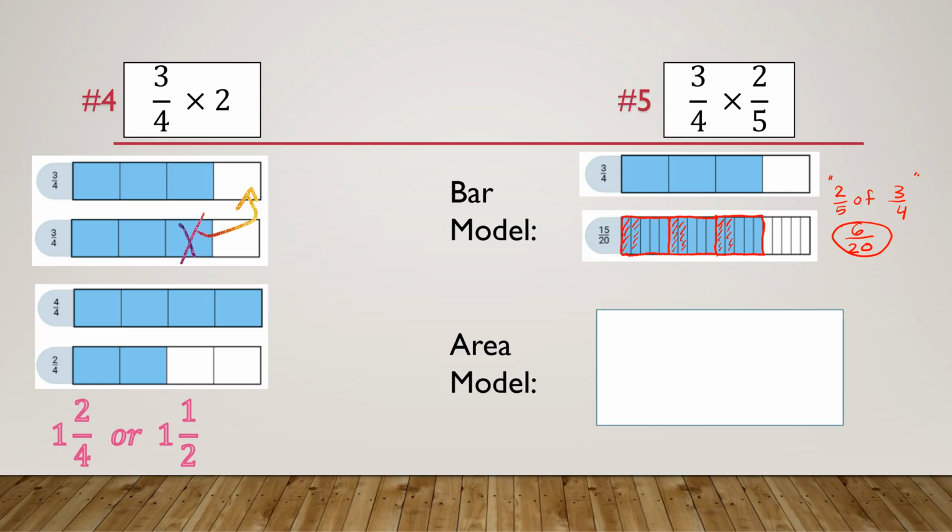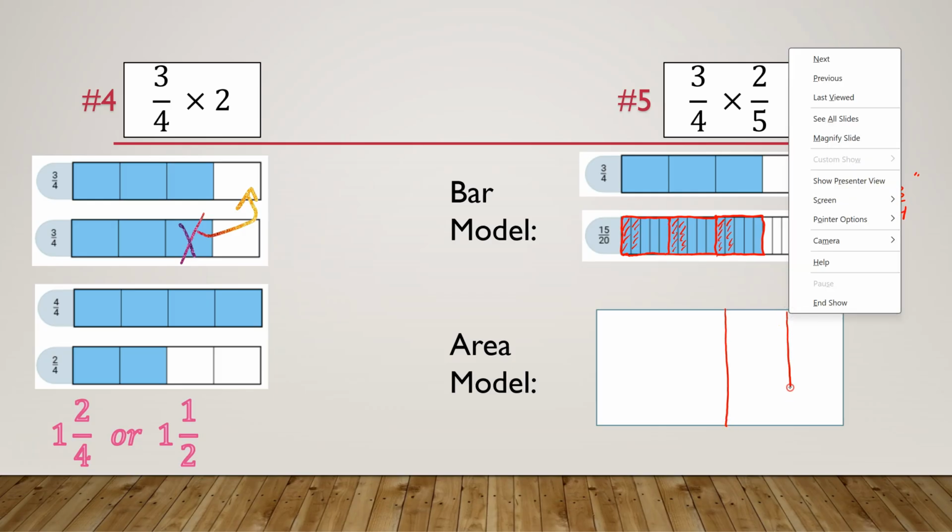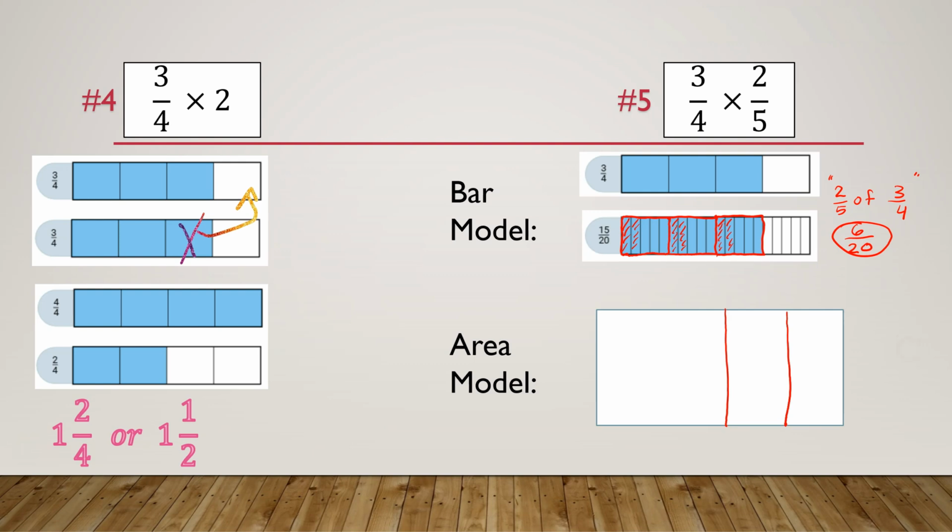Okay, so for an area model, we're going to go ahead and start with 3/4. So here I'm going to go ahead and divide this into quarters. 1 equal part, 2 equal parts, 3 equal parts. Oops. There you go. 4 equal parts. And I am shading this. So there you go.